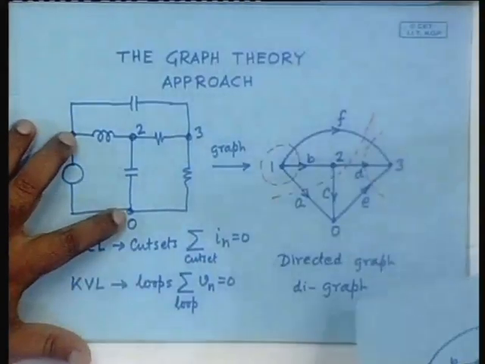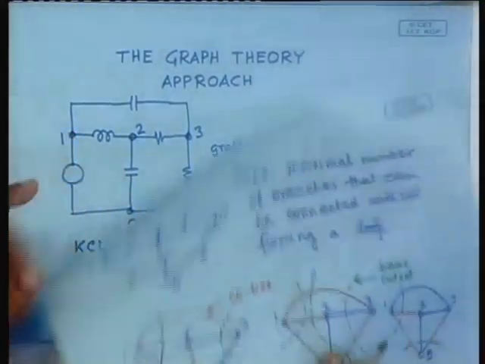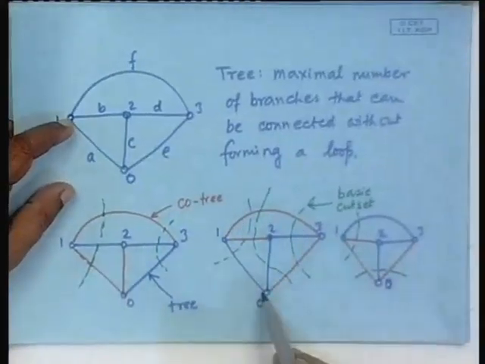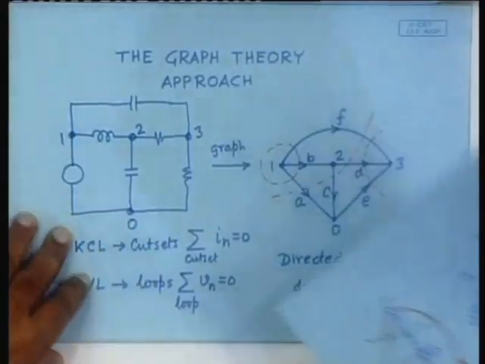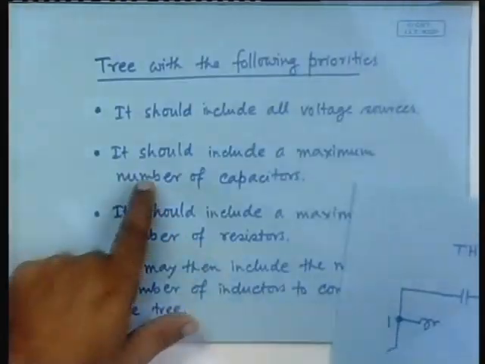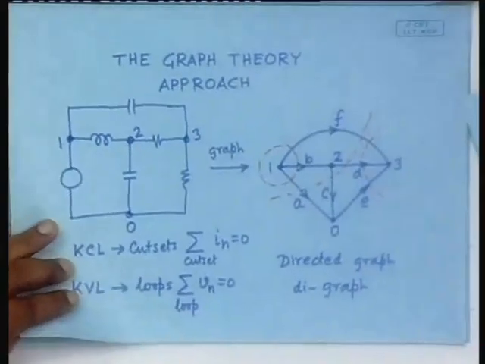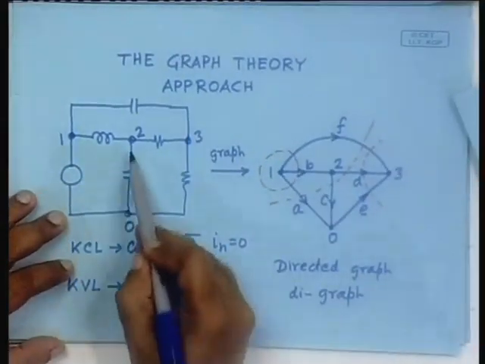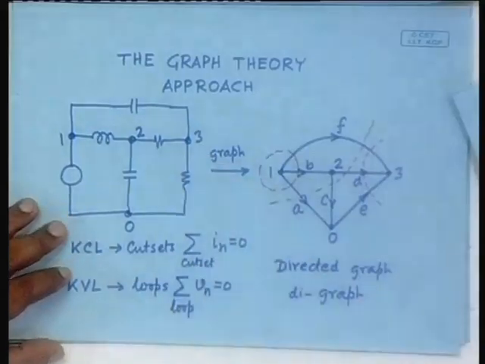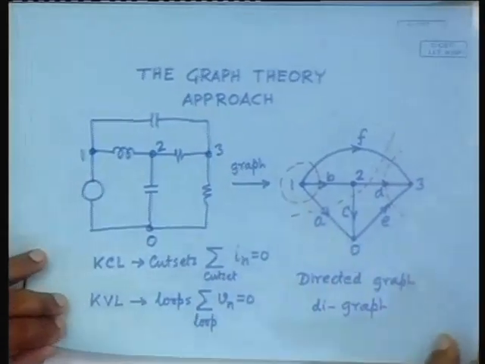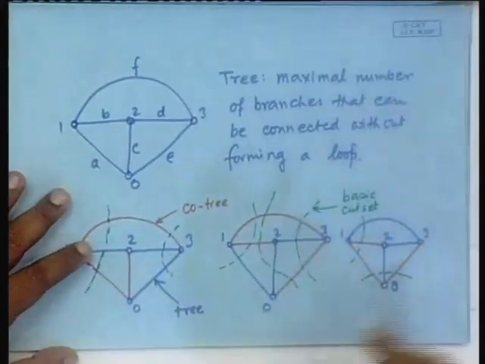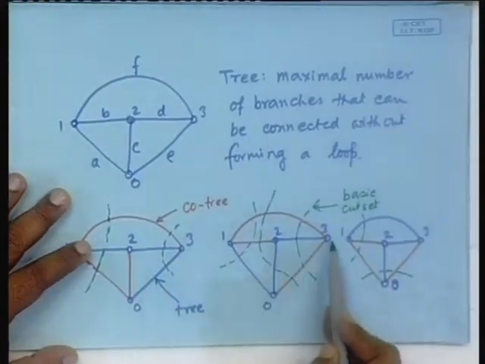It is this branch, only this one includes that. Let us see. The next point is that it should include a maximum number of capacitors. There was a capacitor here and there was a capacitor there. So, which one will do that? This one does not do that, because this does not contain that capacitor.